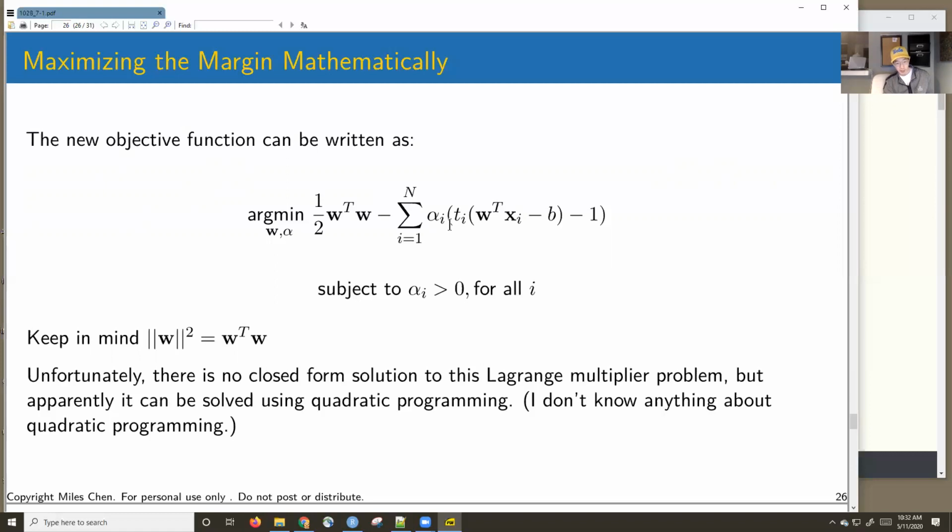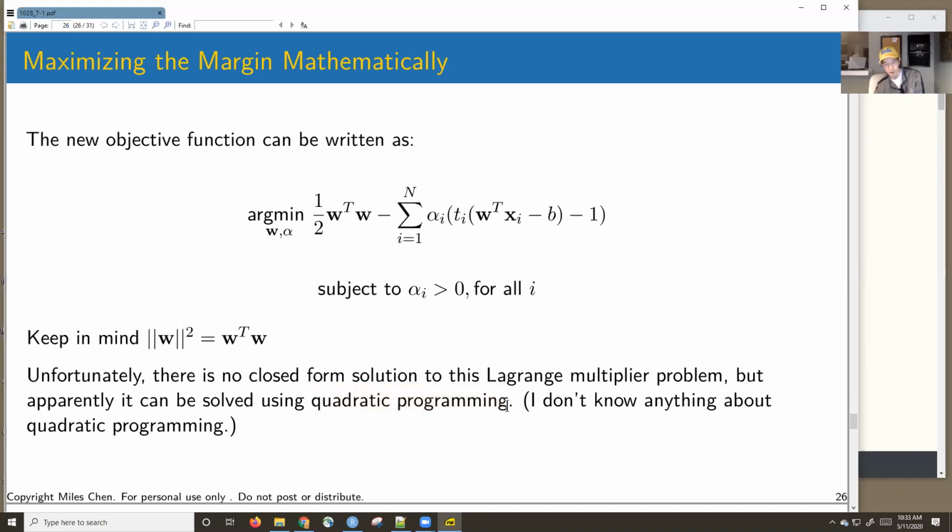There is math in the textbook, and I opted not to include it. I mean, it can be done, but unfortunately you don't get a closed form solution. There's not a closed form solution to the Lagrange multiplier problem, but apparently you can solve it using quadratic programming.